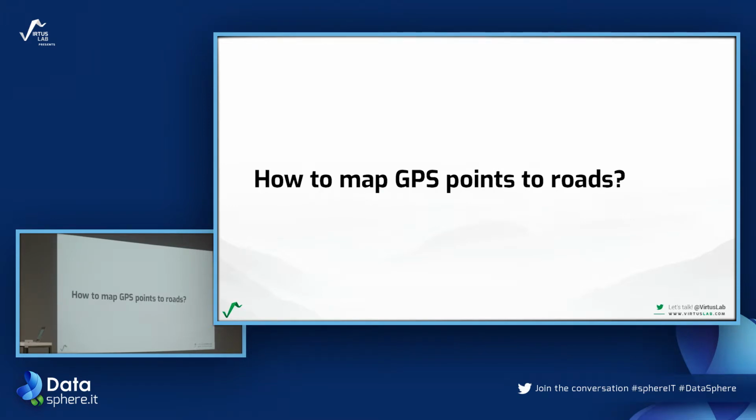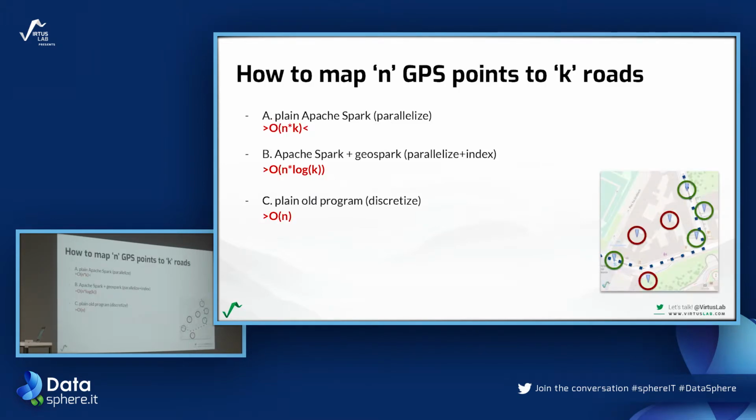So how do we map those GPS points to roads? I'm going to go through these three things that came to my mind. Obviously, there can be more, right? This is not everything that is possible. How many of you have actually used Apache Spark as a tool? It's pretty standard in the big data world.